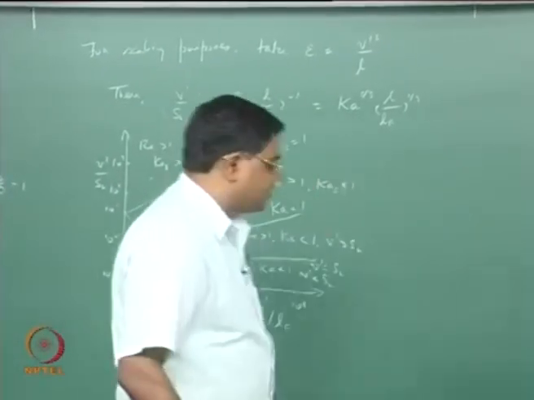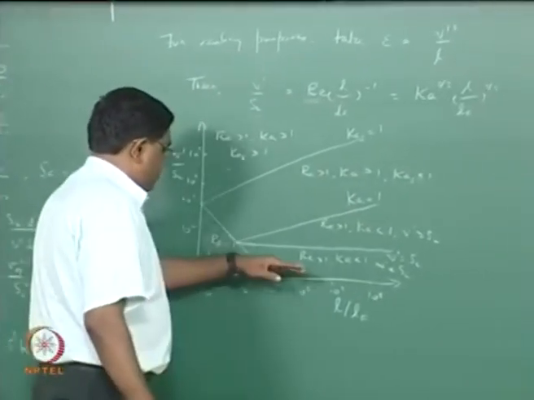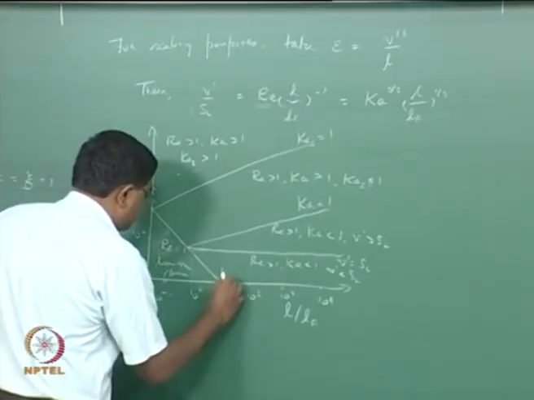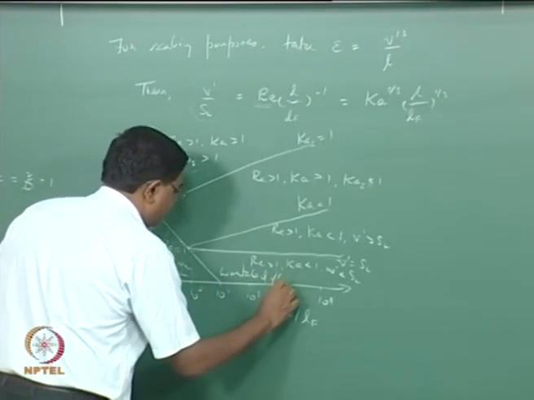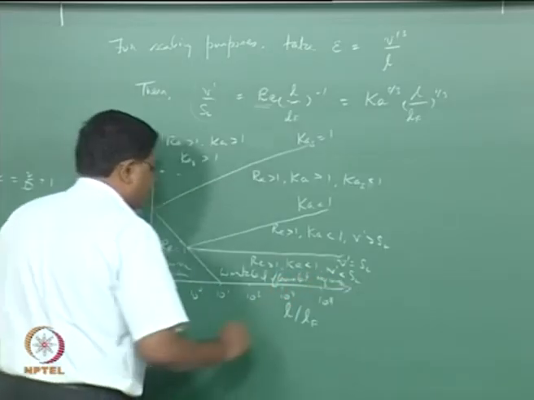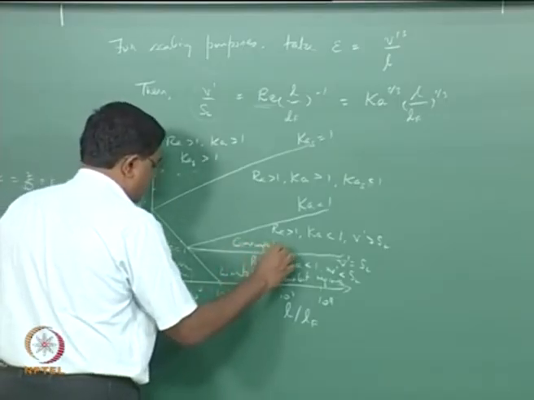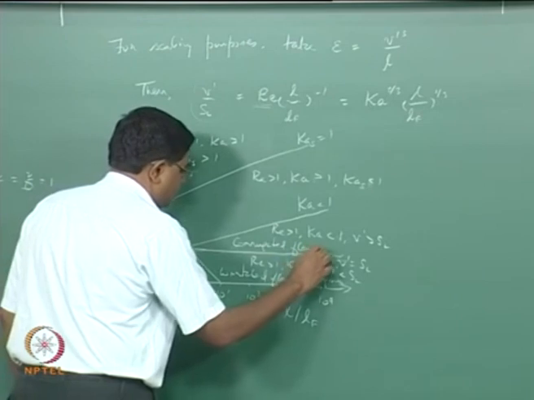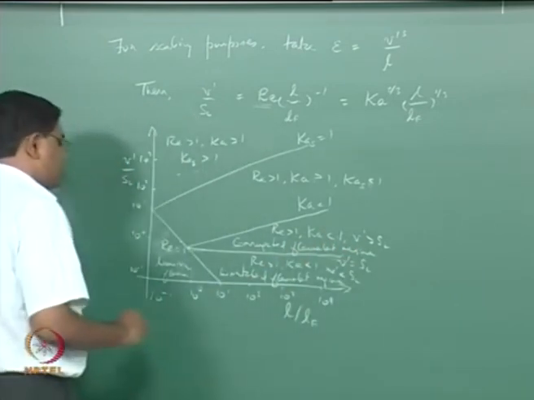So what is the significance of doing it this way? The answer is we are now going to call this the wrinkled flamelet regime, and we are going to call this the corrugated flamelet regime.